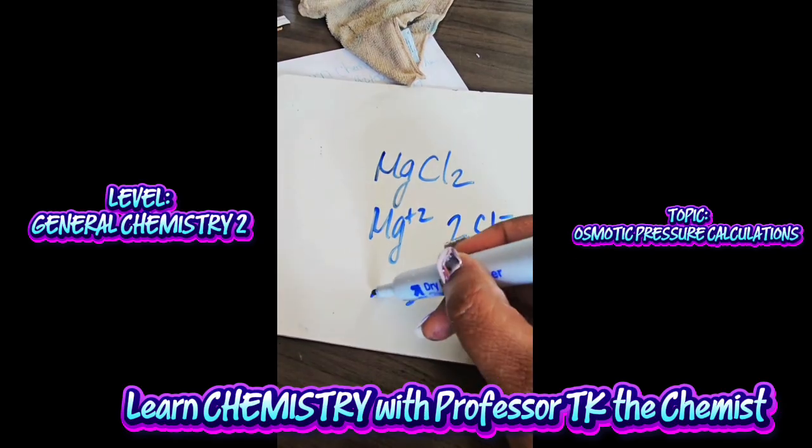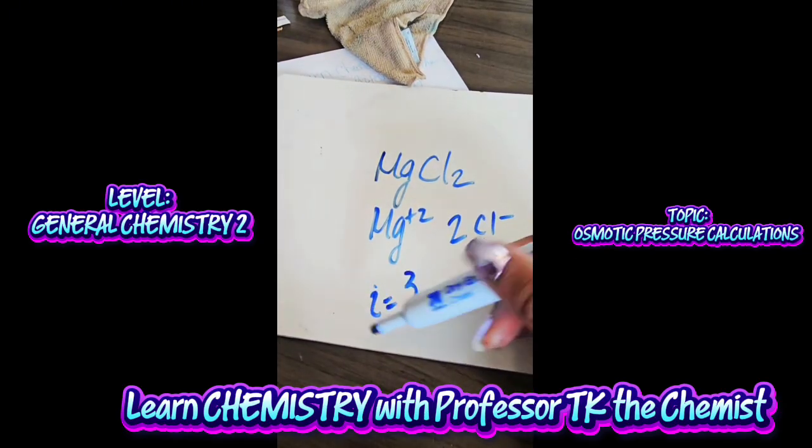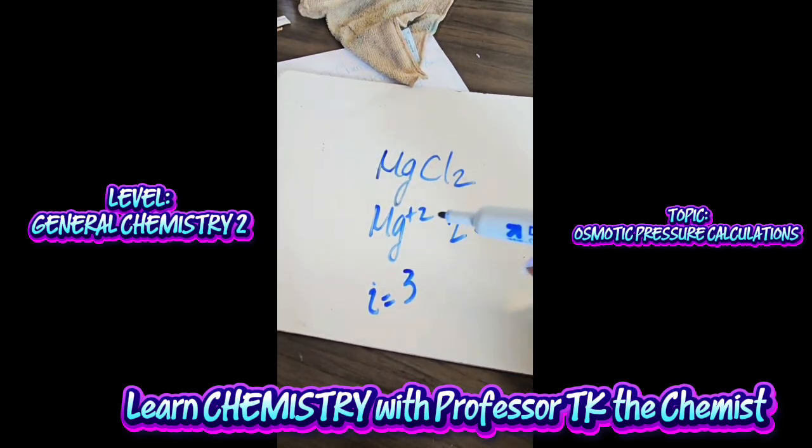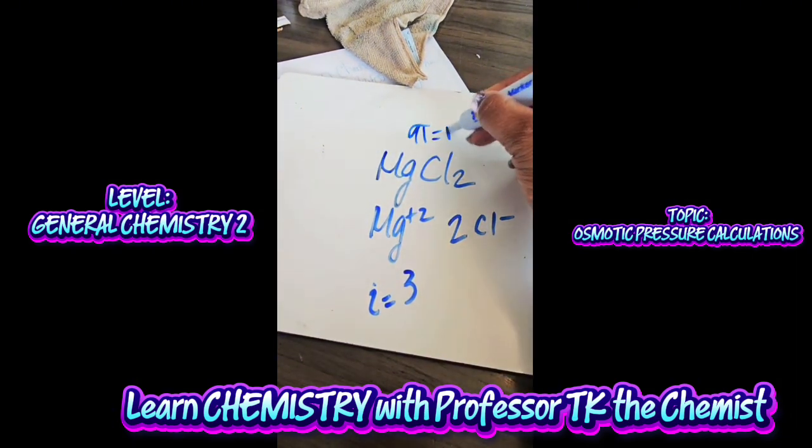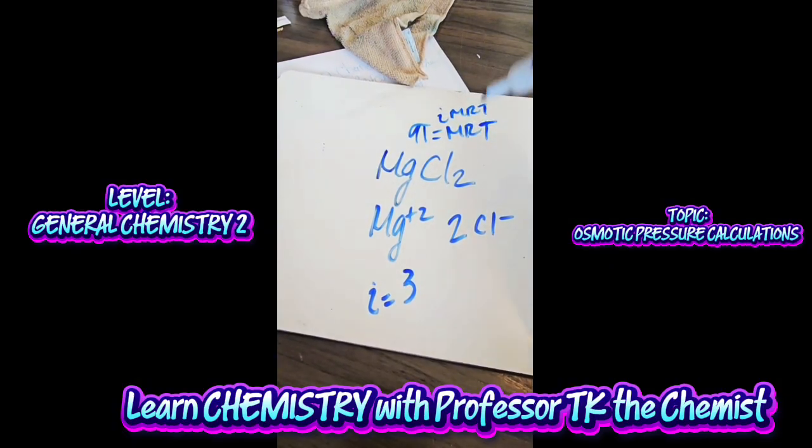So you have a Van't Hoff factor of 3. You would have to use this if they gave you a problem that required it. Otherwise, you just use the formula here, MRT. But some of your formulas will say iMRT, and that's if they're giving you the Van't Hoff factor as part of the question.